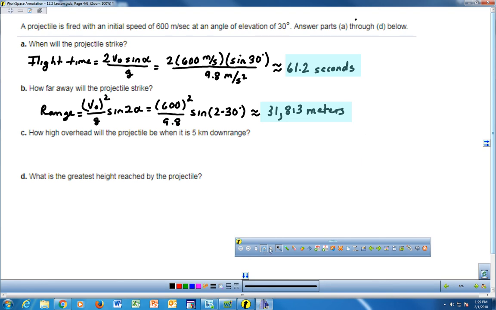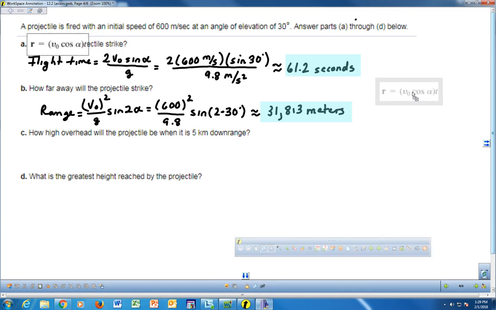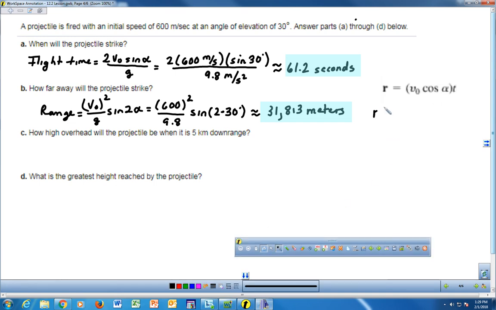Now, if we would have used the horizontal component of the position, we can also find the length of the travel by just substituting the time, because this is the time that it takes for it to hit the ground. So this is the end of the travel at 61.2 seconds. So all I need to do is substitute the t with 61.2.